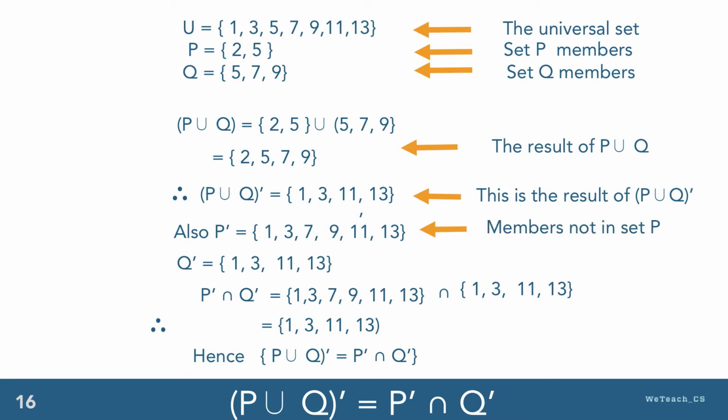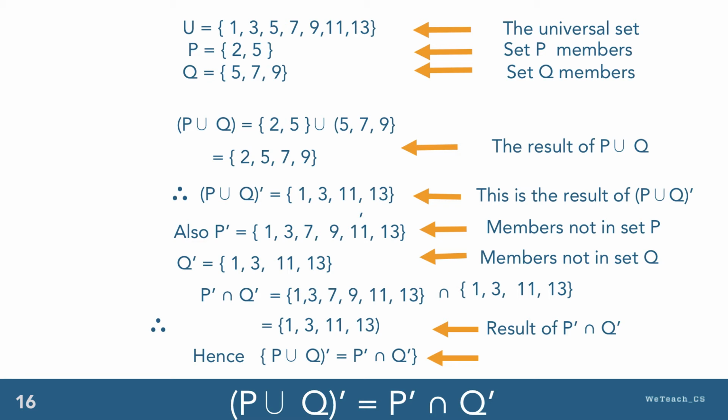Now here we show members that are not found in P, and here we have members that are not found in Q. When we perform P negated intersection Q negated, we are left with the result, that is 1, 3, 11, and 13.